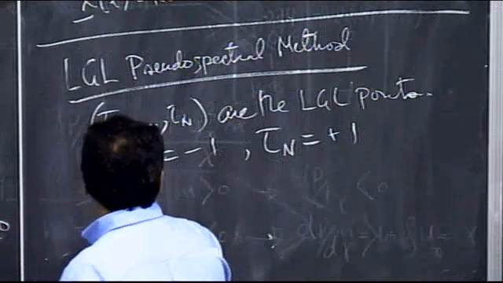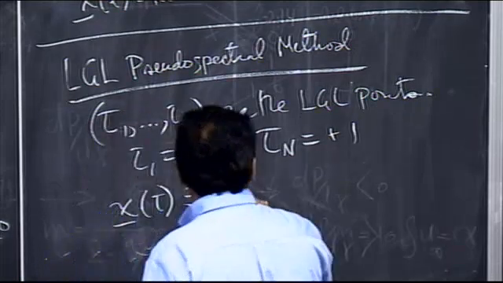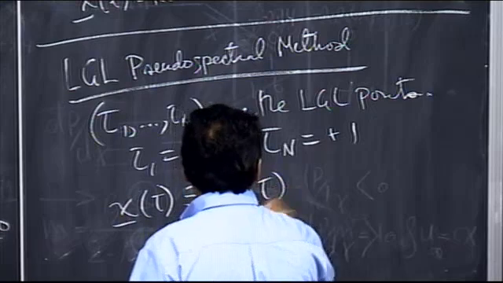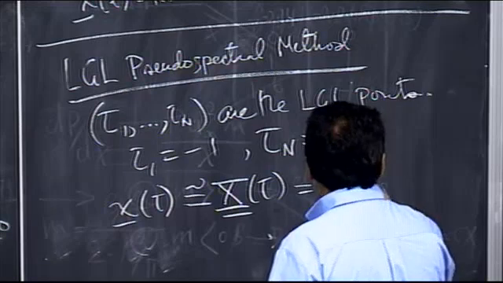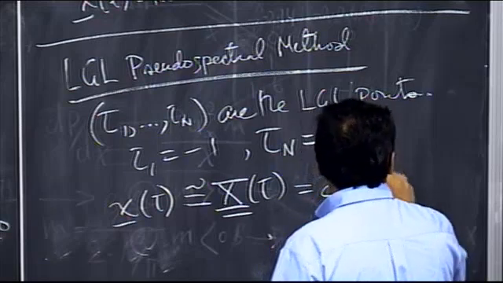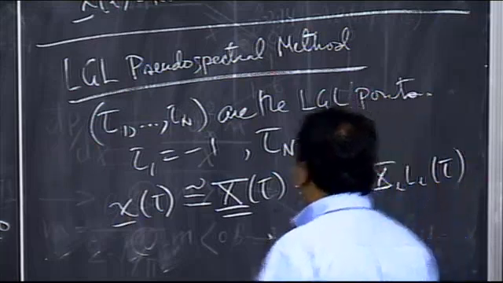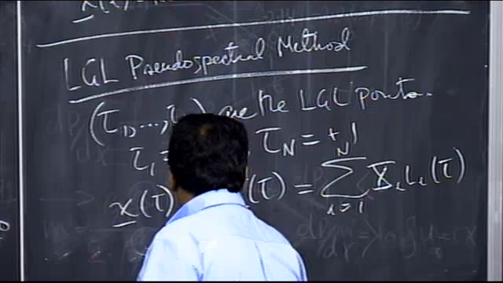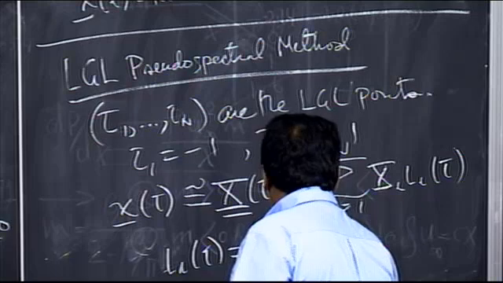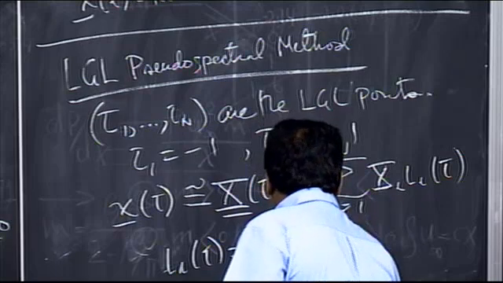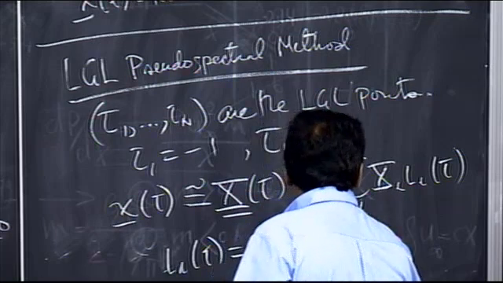So what we're going to do is we're going to say that x of tau is going to be approximated by some function big X of tau, which is going to be the sum from i equals 1 up to n of x_i L_i of tau, where L_i of tau is the Lagrange basis, which includes all of these points.